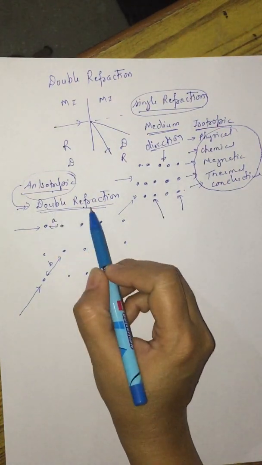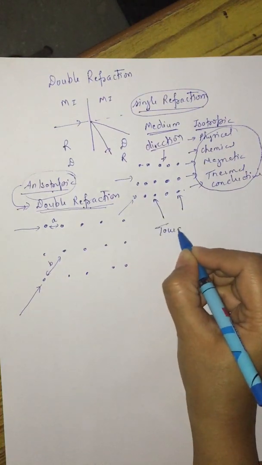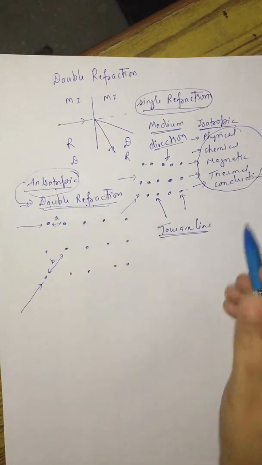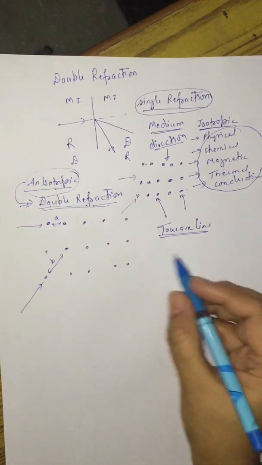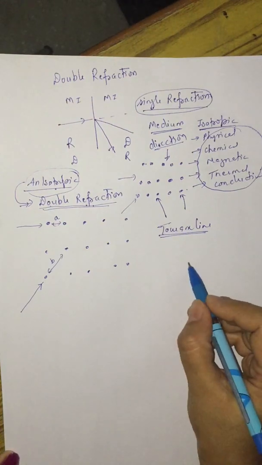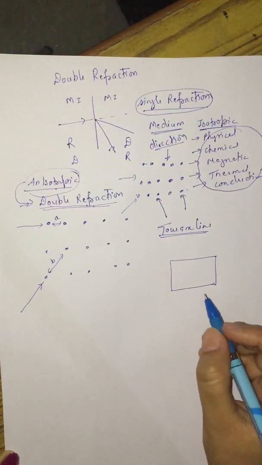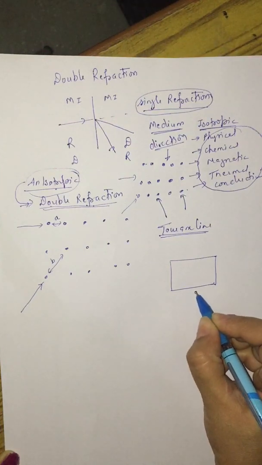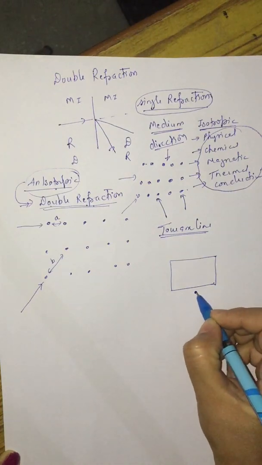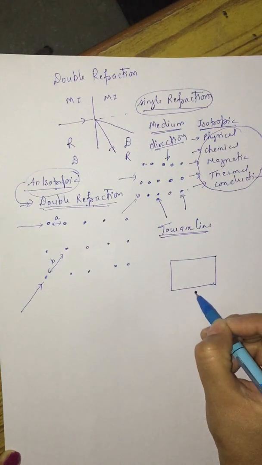Now we will discuss double refraction. For example, we are taking a tourmaline crystal. It is an anisotropic crystal. Let us consider this is our tourmaline crystal and this is a dot which we are taking on the paper, and through this tourmaline crystal we are viewing it.